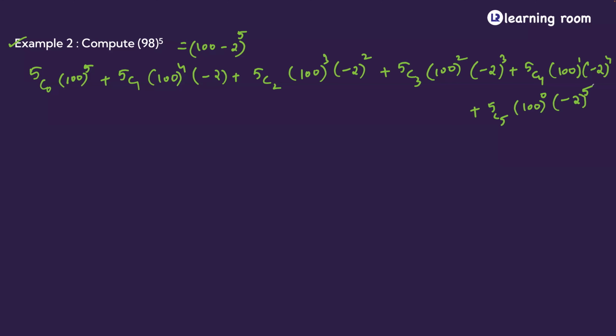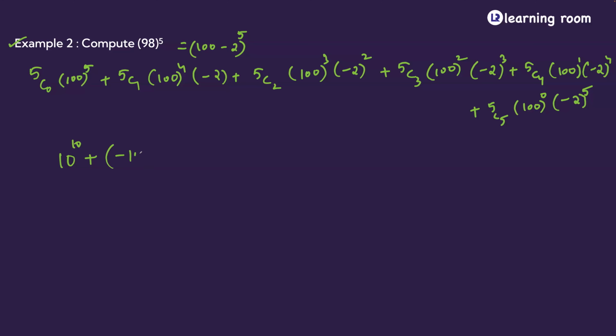Okay. So what is 5c0? It is 1. So 5c0 is 1. 100 power 5 is going to be 10 power 10. Plus 5c1 is going to be 5. So 5 into minus 2 is going to be minus 10.